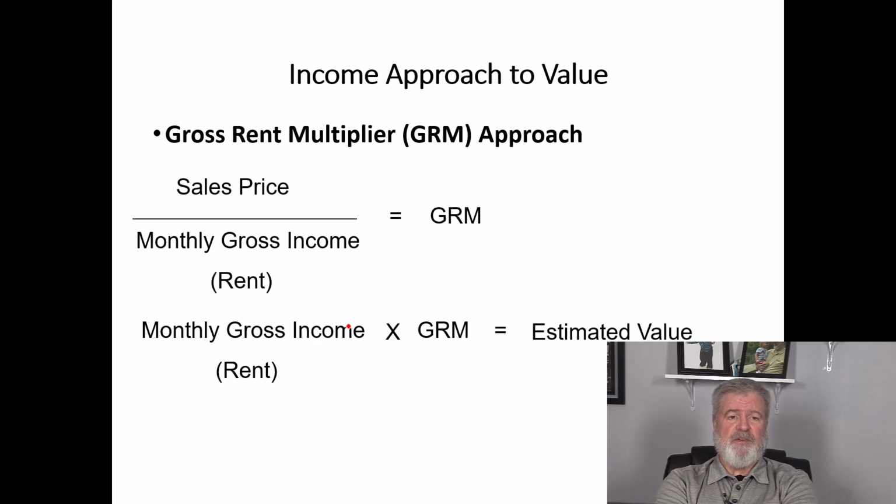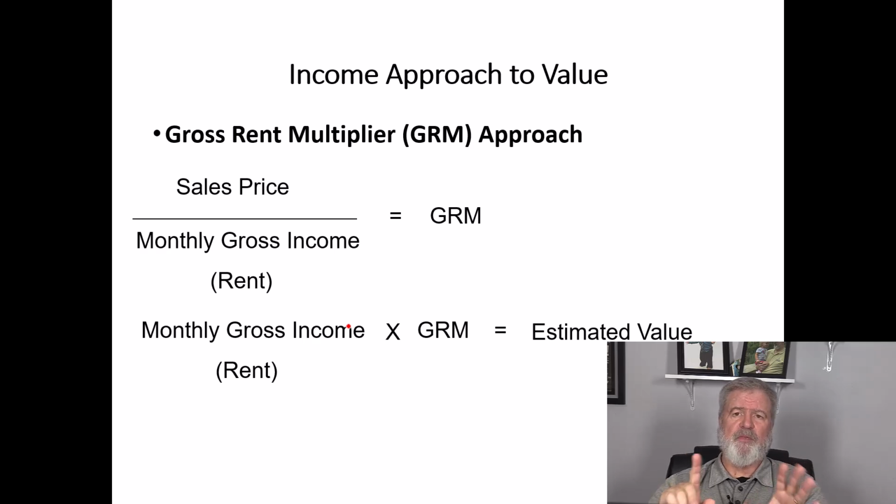But anyway, if you take the sales price divided by the monthly rent, that will give you the gross rent multiplier. But if you're trying to figure out the value of the property, you take the monthly rent times the gross rent multiplier, and that will give you the value of the property.